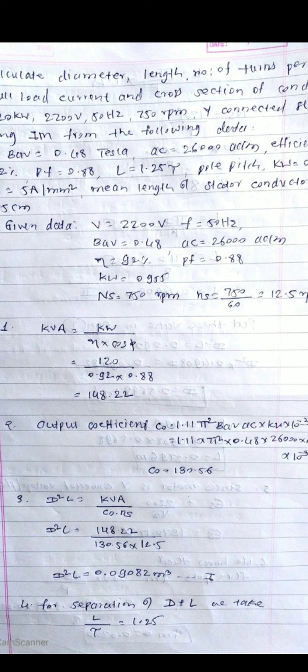After that, calculate the output coefficient. The output coefficient C0 is equal to 1.11 pi square B average AC into kW into 10 raised to minus 3.